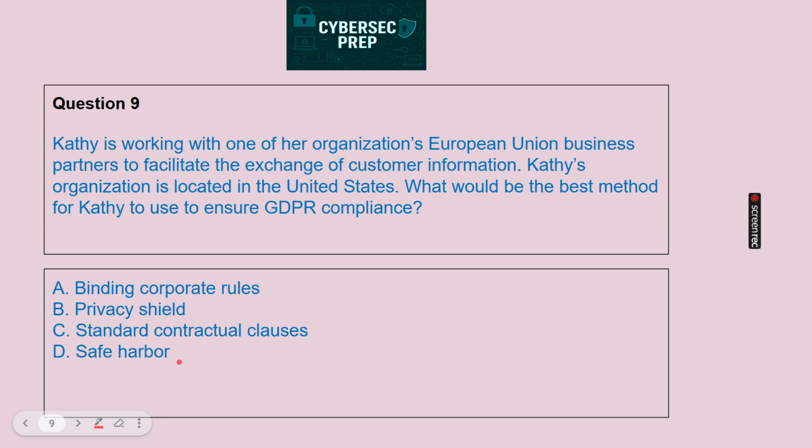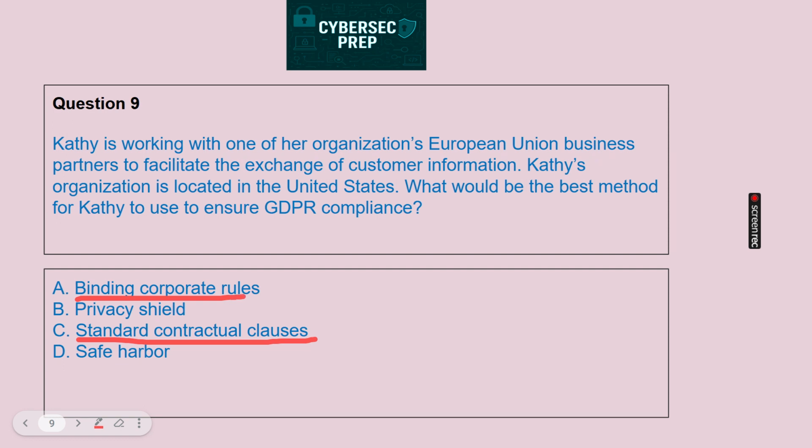Well, the European Union provides standard contractual clauses that may be used to facilitate data transfer. That would be the best choice in this question where two different companies are sharing data, right? So option number C for now is looking like a correct answer. If the data were being shared internally within the company, then binding corporate rules can also be considered as an option.